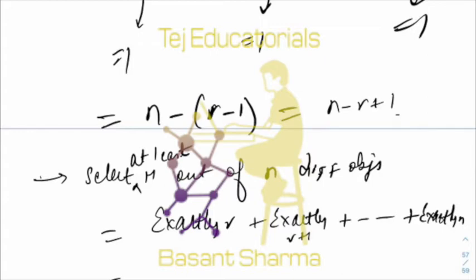So this would be nCr plus nCr+1 plus nCr+2 and so on till nCn.